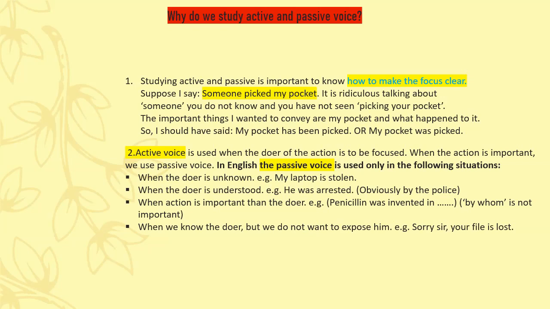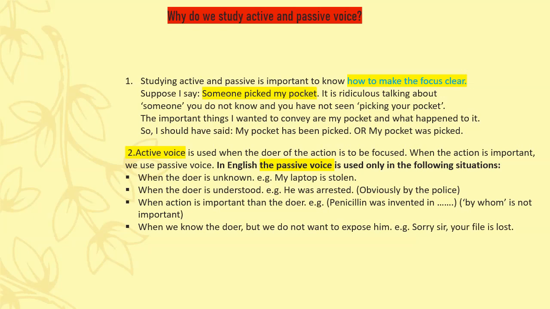When the doer is unknown, example, my laptop is stolen. When the doer is understood, example, he was arrested, obviously by the police. When the action is more important than the doer, penicillin was invented. By whom is not important. When we know the doer, but we do not want to expose him, sorry, sir, your file is lost. So these are the cases where we use passive voice.